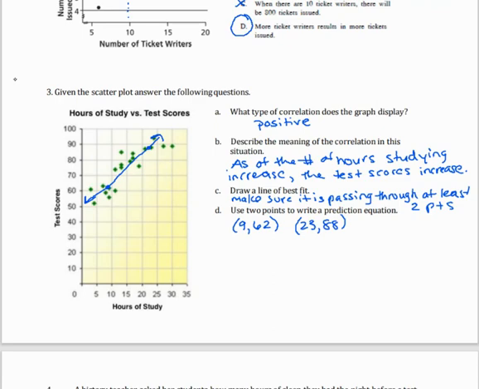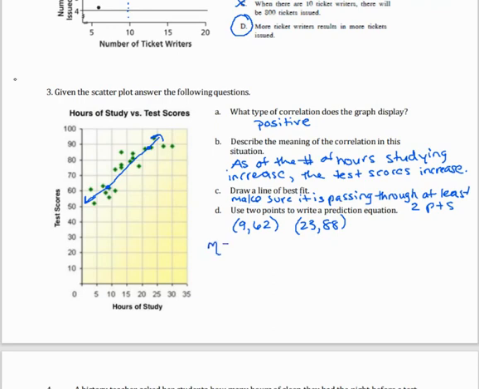Okay, so again, we drew our line of best fit so that it represents the data well, and then we take those 2 points from that line of best fit so that we can write our prediction equation. Once I have those 2 points, then we can write an equation. We can find our slope and we can find our y-intercept.